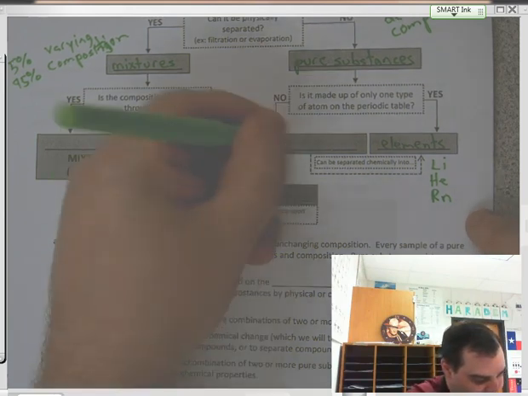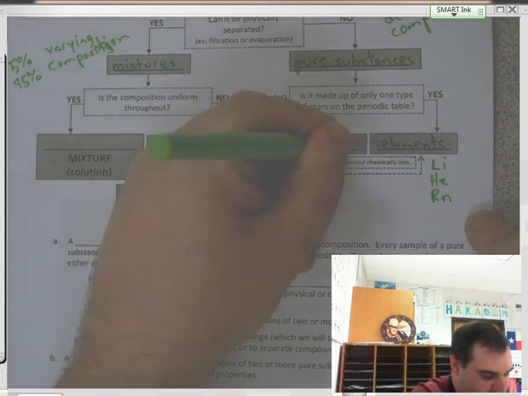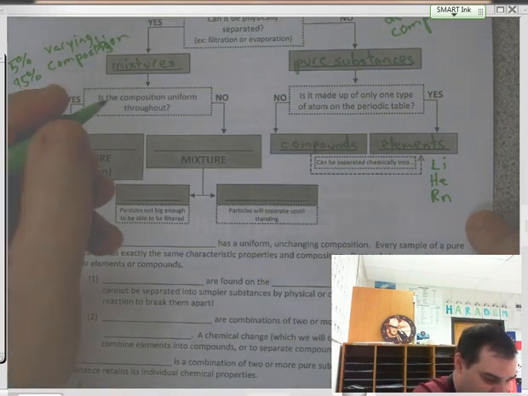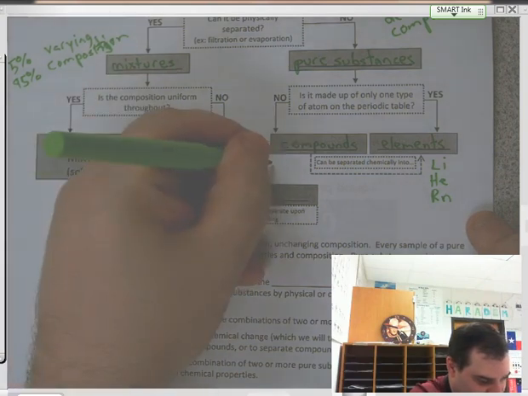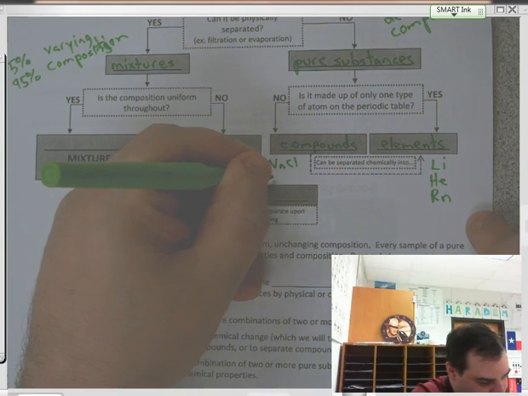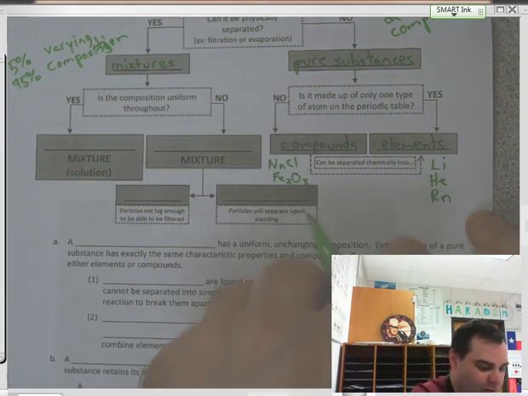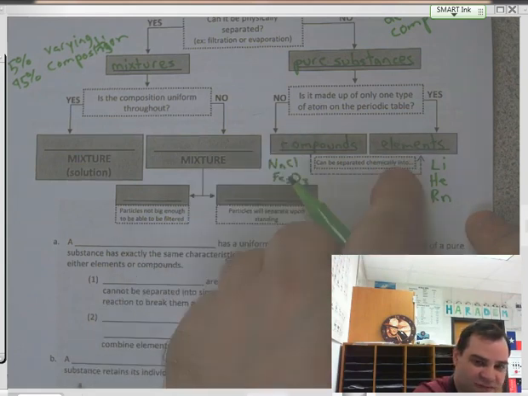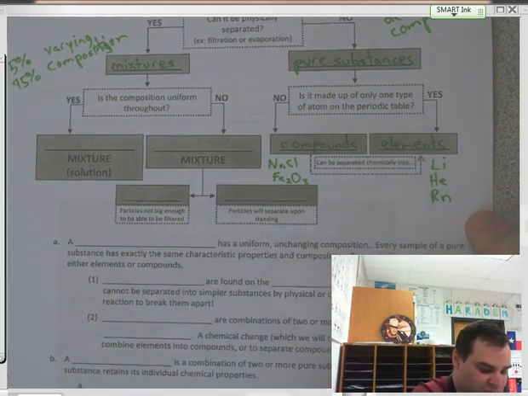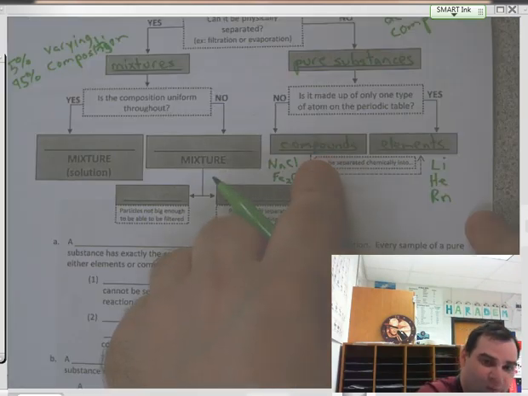And you have compounds, which are chemically bonded elements, like NaCl, Fe2O3, which is rust. To go from elements to compounds or compounds to elements, you have to do a chemical change. You have to form bonds between the elements to make the compounds, or break bonds in the compounds to go back to the elements.